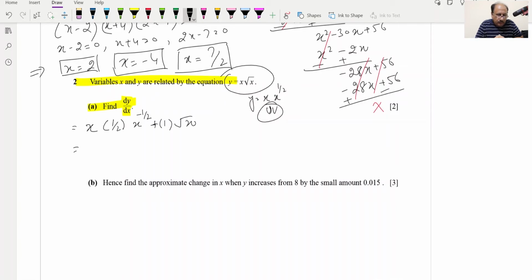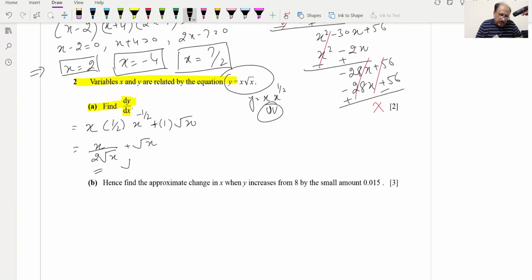Now we can rewrite it as x over 2 root of x plus root of x, and we can take root of x common. Before going through this we can write another step.